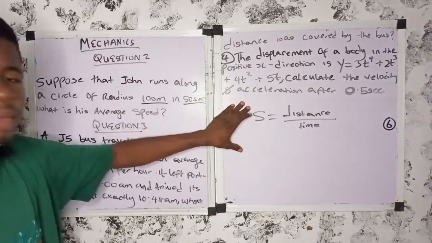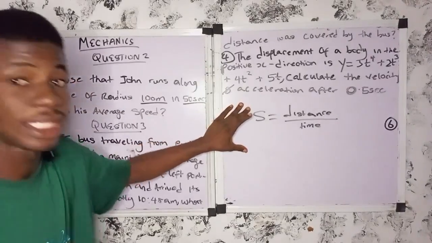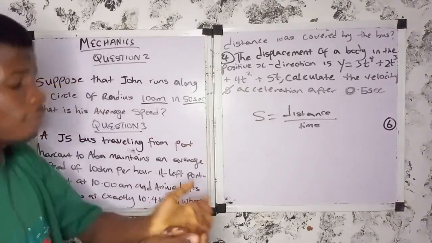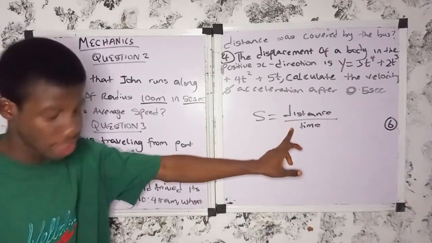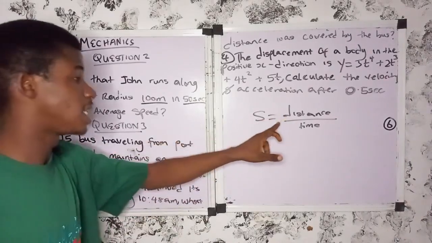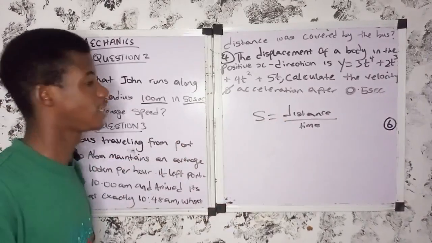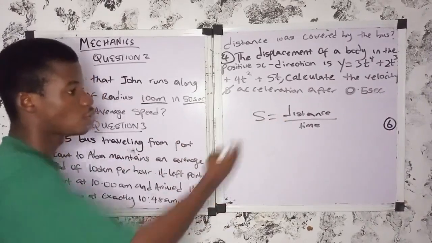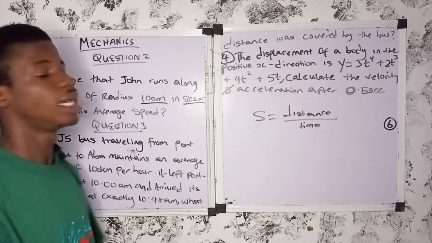So remember, speed is distance over time. And in this question, they didn't give us distance directly. So we have to look for the distance first before we can solve for the speed.